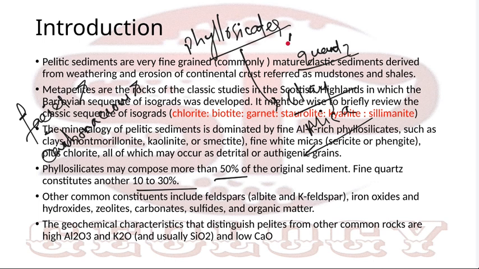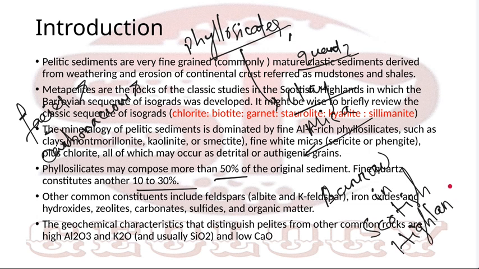These pelites also have a particular sequence of growth. With change in temperature and pressure, they change to a particular mineralogy, or we can say a particular mineral appears at a certain pressure and temperature condition. This was first studied by Barrow in the Scottish Highlands, in Scotland.